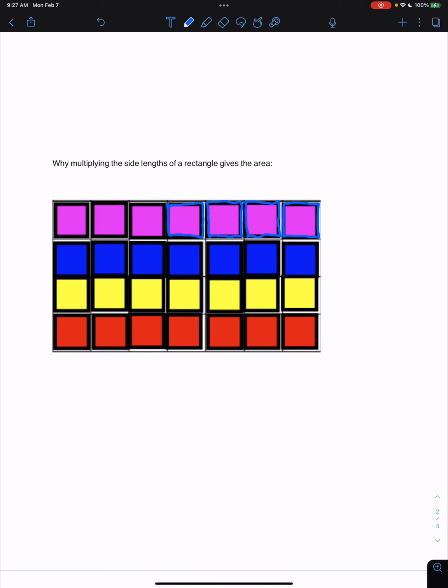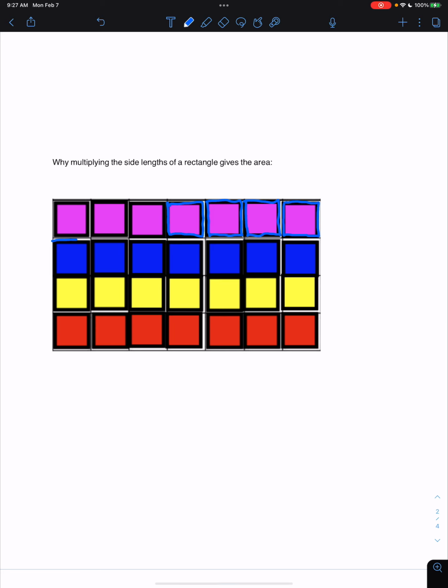So if you can remember that we're looking for square units, that will really help you to understand area a lot better. So because we're looking for square units, we can think about different segments of this rectangle that are made up of a line of square units.